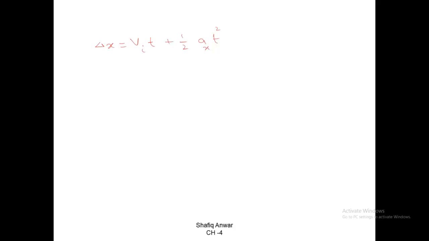Time is given to you, 2 seconds, in the question. It starts from rest, so this is 0, so half a t squared, with t equal to 2 seconds, you get delta x equal to 1.31.